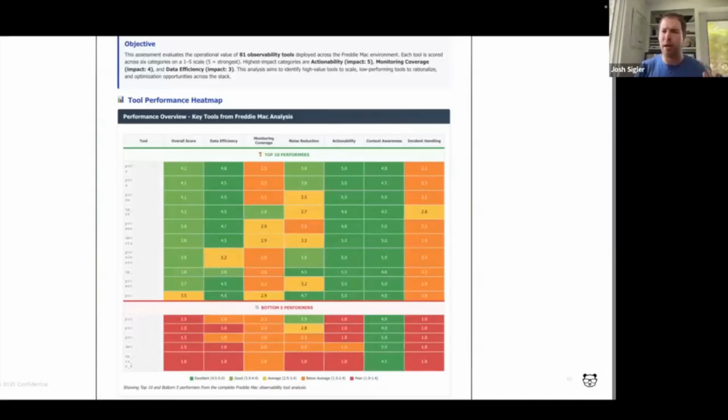And also what's at the bottom? What's underperforming? What's not giving me value? Potentially, what are my top candidates to say, hey, why do we have this tool? Why am I pulling budget to support this tool if it's not providing any value to us? One of the other nice things about this view that I really like from a heat map perspective is it allows you to see where tools are doing well and where tools need improvement.